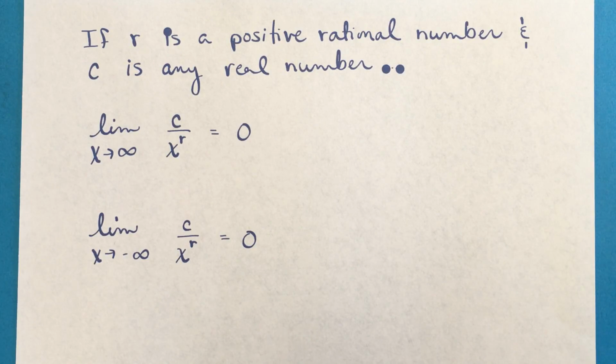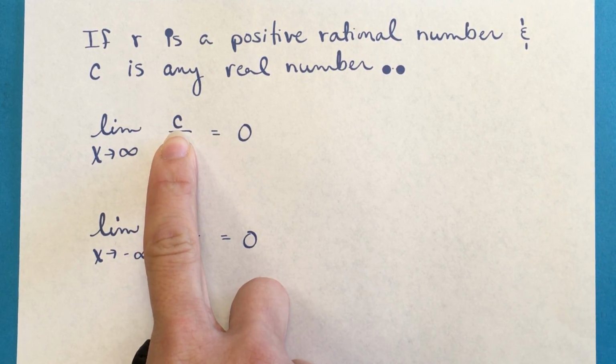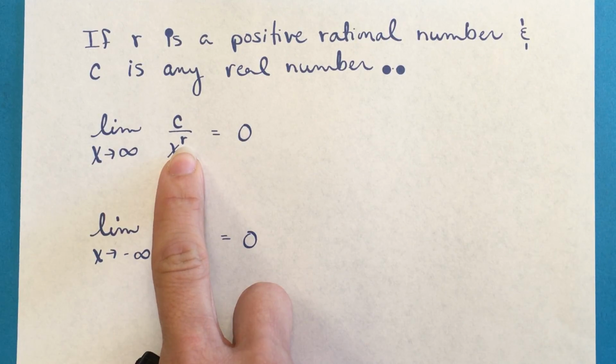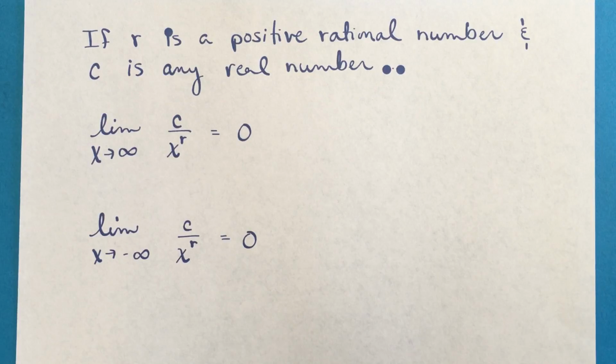So you have the limit as x approaches infinity of C divided by x to the R. You've just got some constant on the top, some real number, and if you divide that by x to some power, then this limit at infinity will always be equal to 0.